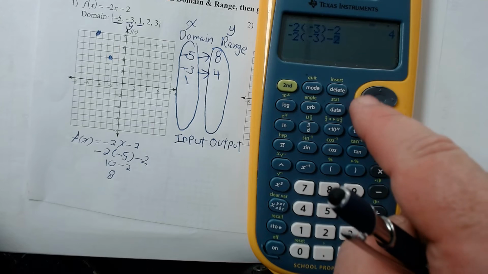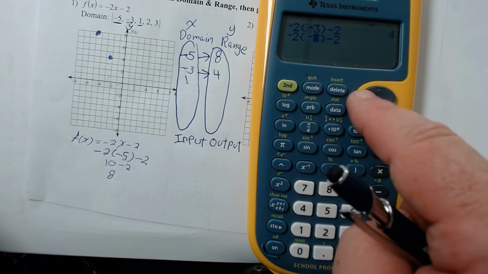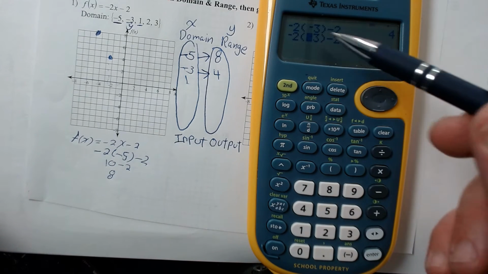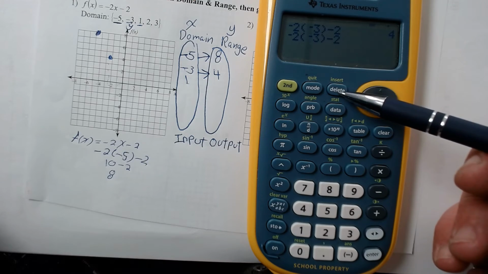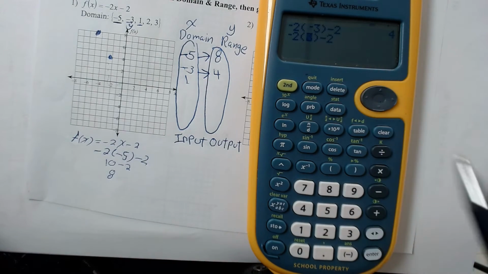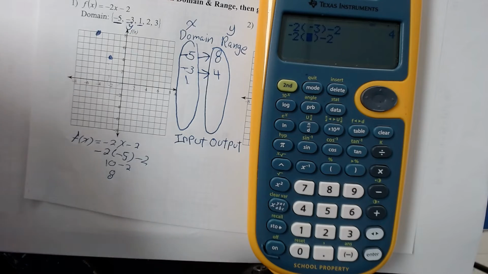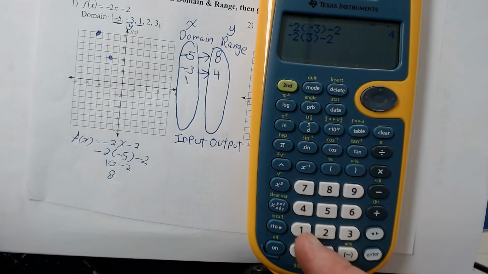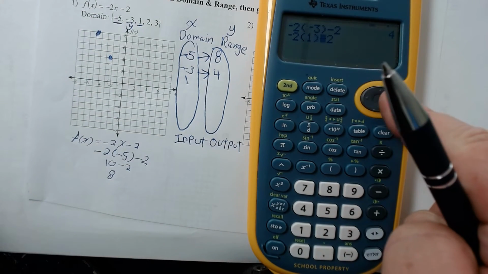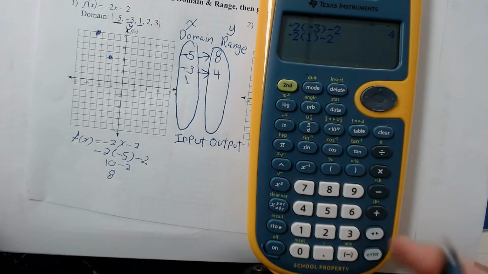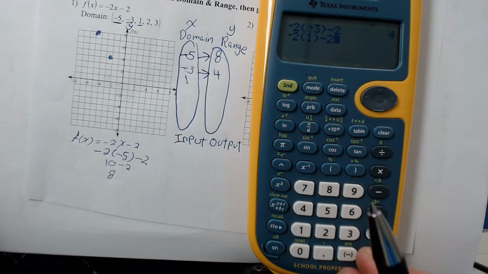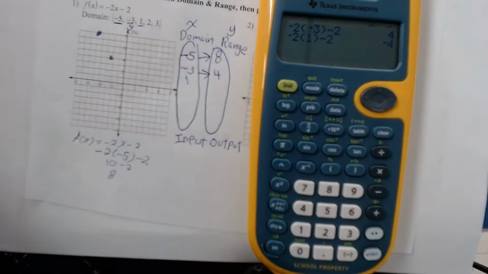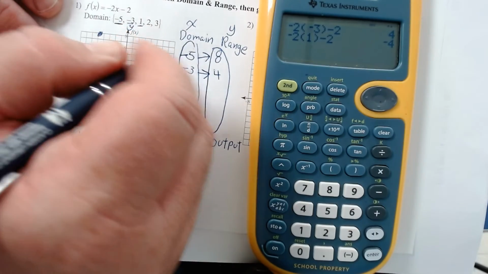Now, using the left side of the button, I'll scroll over to the negative first, and I'll get rid of it. To get rid of the negative, I just push the delete button. Now it's gone. To change the 3 into the 1, I'll just simply push in 1, scroll back over, hit enter. So when my input is a 1, my output would be a negative 4. So then I'll put in negative 4.